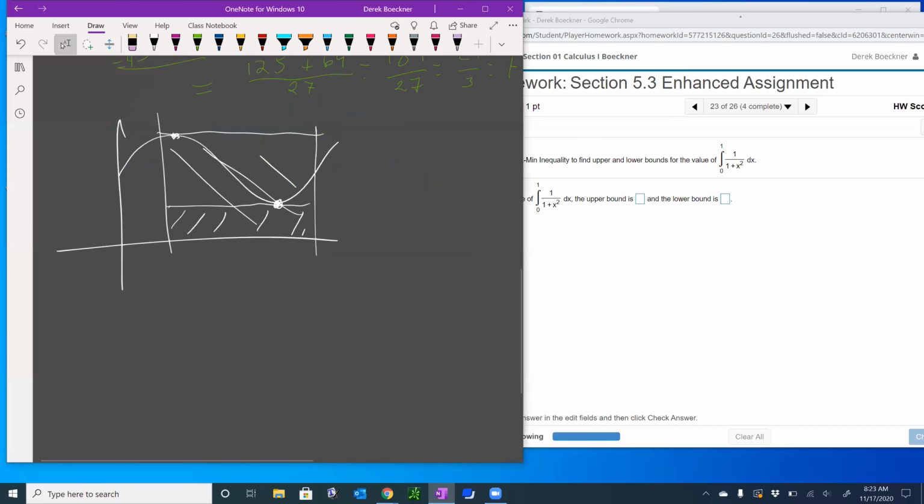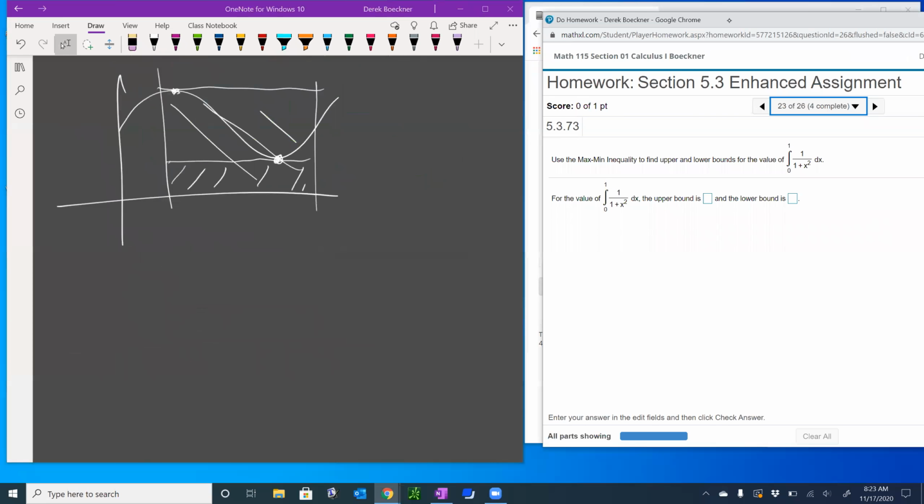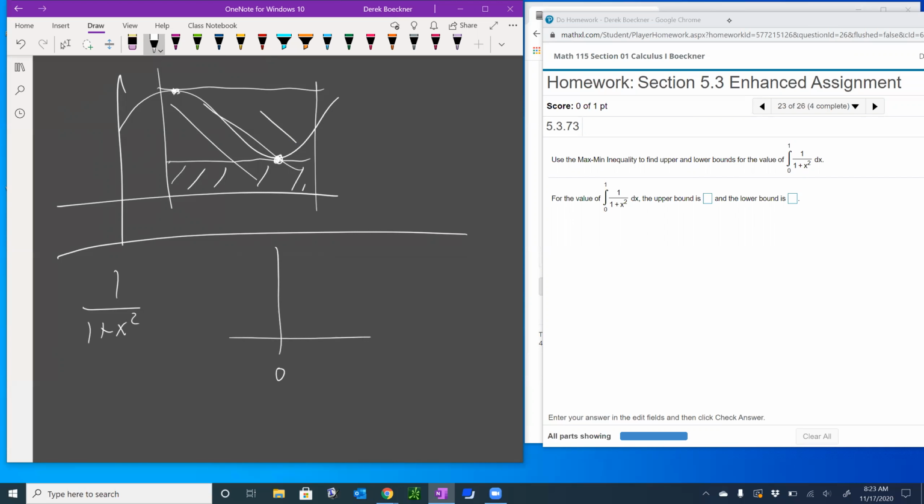So on this one, we're looking at 1 over 1 plus x squared on the interval from 0 to 1. And this is going to be as big as possible when the denominator is as small as possible. So it's going to be as big as possible when the denominator has an x equals 0 in there, which is at 1. And it's going to be as small as possible when the denominator is as big as possible. So it's going to be as small as possible over here, which is at 1/2.